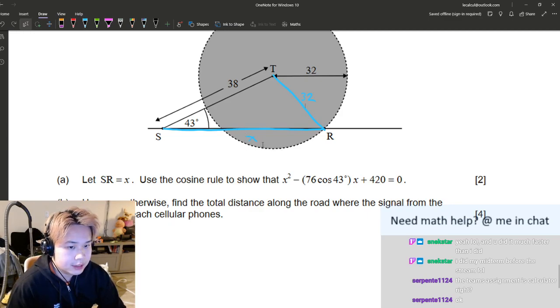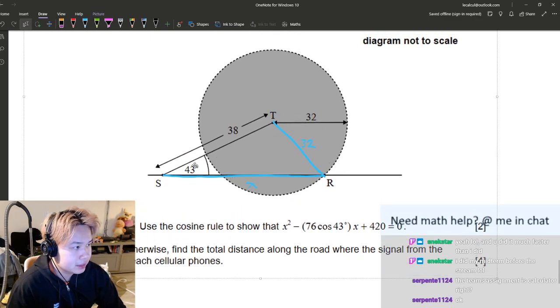Okay, so how do we use cosine law? Unfortunately, as it is, we can't use cosine law because normally to do cosine law, you either need all 3 sides, which we don't have, or you need 2 sides with an angle in between them, which I don't have.